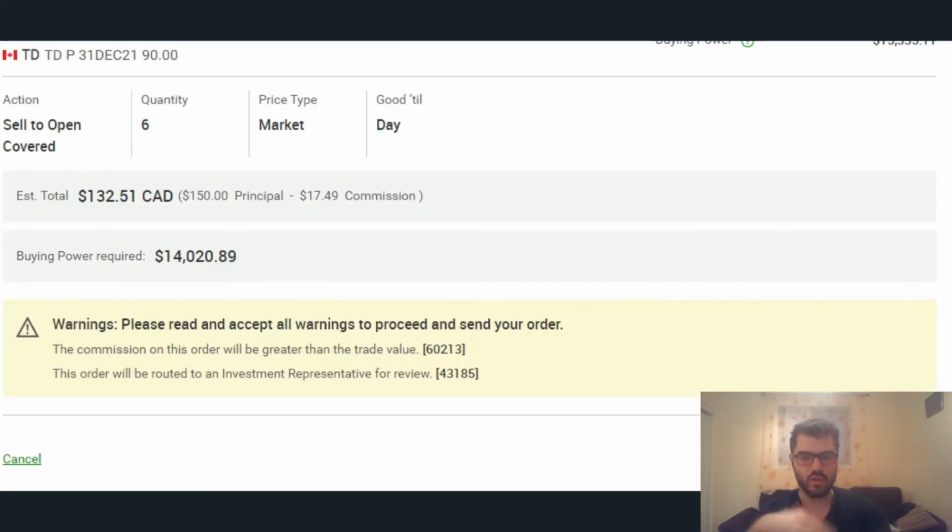So if I got $132 for this, and it's dangerously close to hitting the price, I go and close it out, it'll maybe cost me $100. You net the difference of $30, but you don't have to buy 600 shares of TD that you didn't want to. 600 times 95, can't do that quick math right now, but it's a lot. It's a lot of money if you didn't want to do that in the first place.